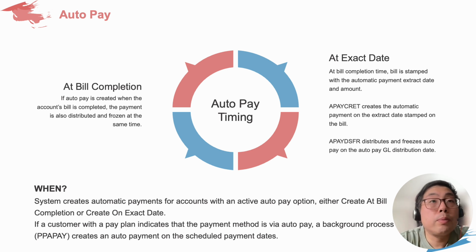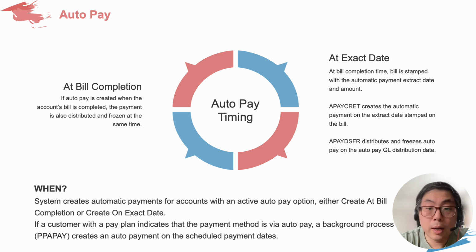So when does it happen? The system creates auto payments for accounts with an active autopay option, either at the bill completion or on an exact date. Most of the time it will be on the bill completion, that's what I've seen.